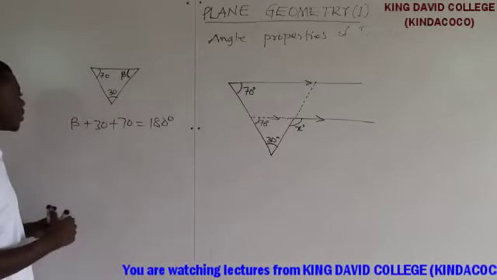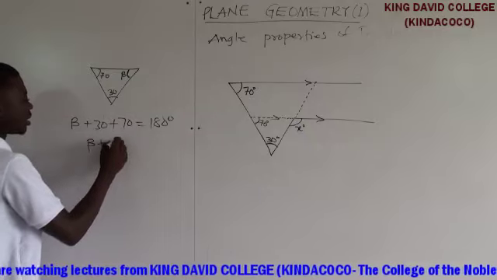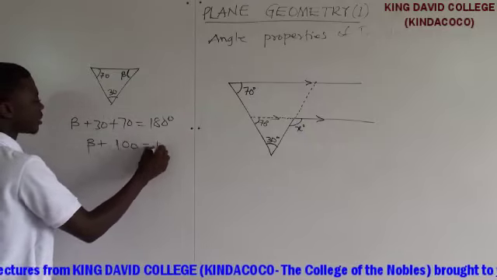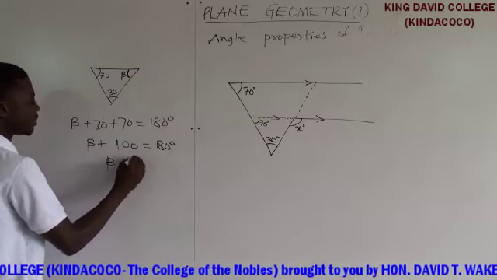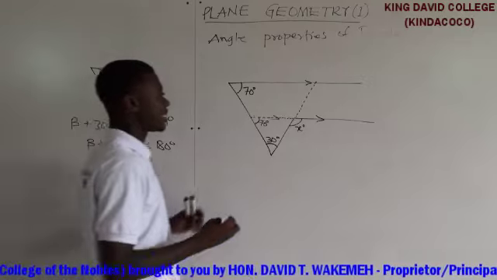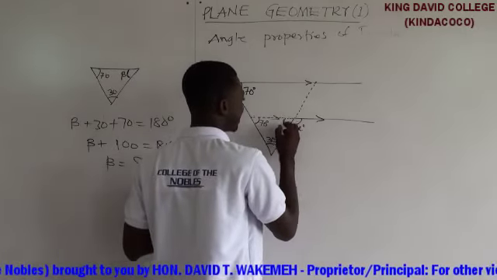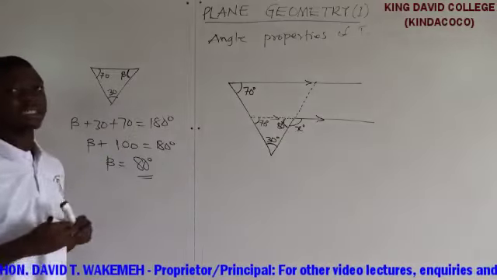So when that is known, then we know that B plus 100 should be equal to 180, and that side alone is going to be what? 80 degrees. So we know that with that, this side here is 80 degrees.